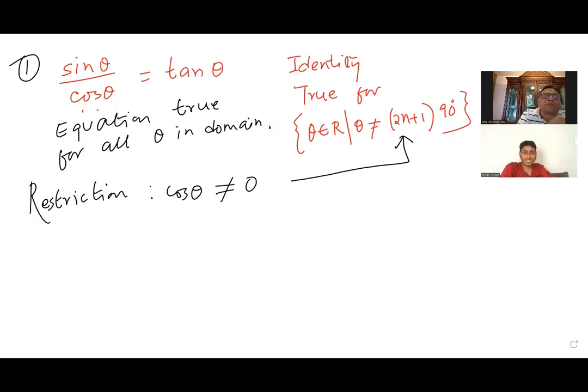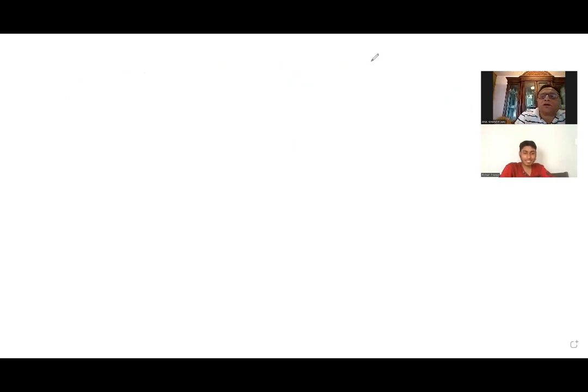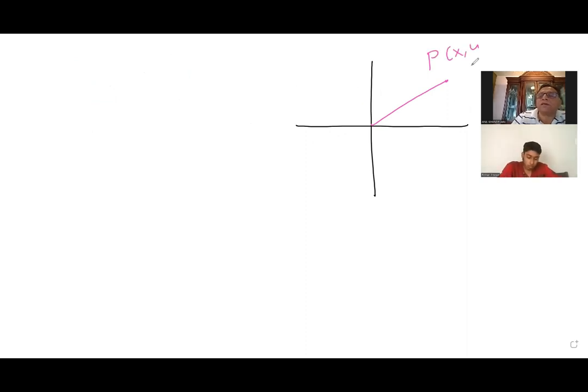So we had earlier learned that if I have any point in the coordinate plane, I'm just reviewing a few concepts with you quickly, P, which is value of x and y, it really means that the x coordinate is OQ. If I drop a perpendicular here, PQ will be y and OQ will be x.